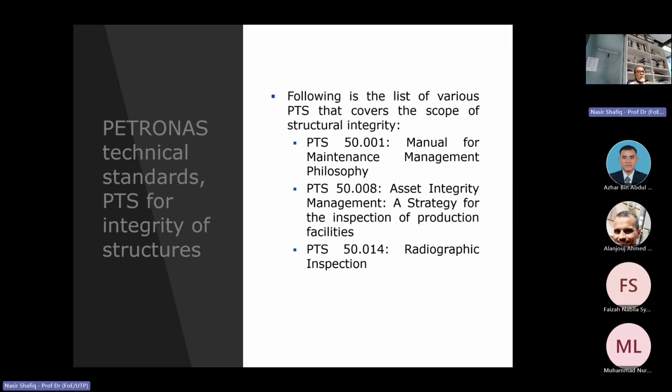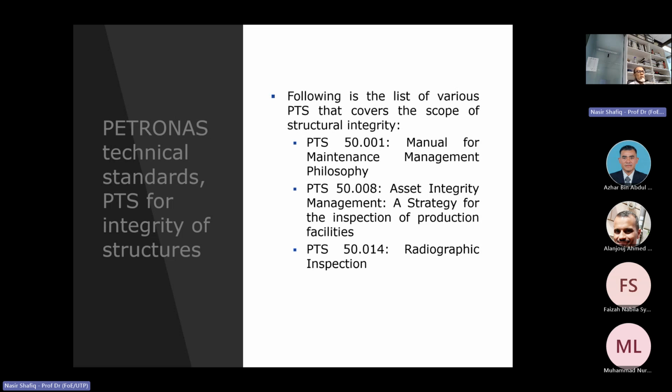PTS 50001, Manual for Maintenance Management Philosophy, which most engineers attached to maintenance have to comply with. 08, Asset Integrity Management, a strategy for the inspection of production facilities, and 14, radiographic inspection.